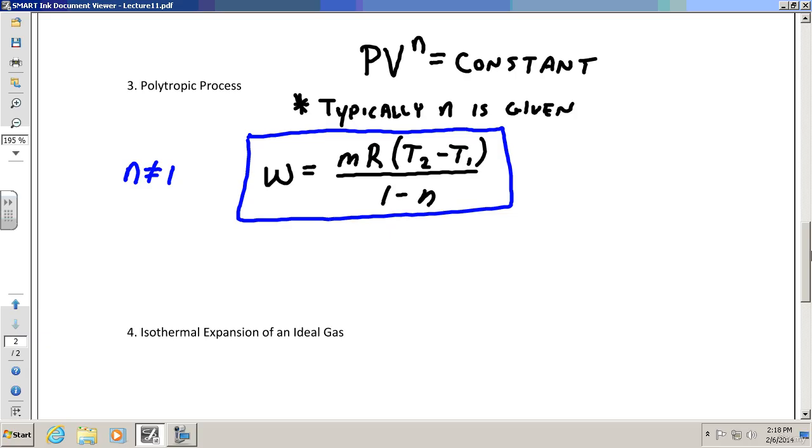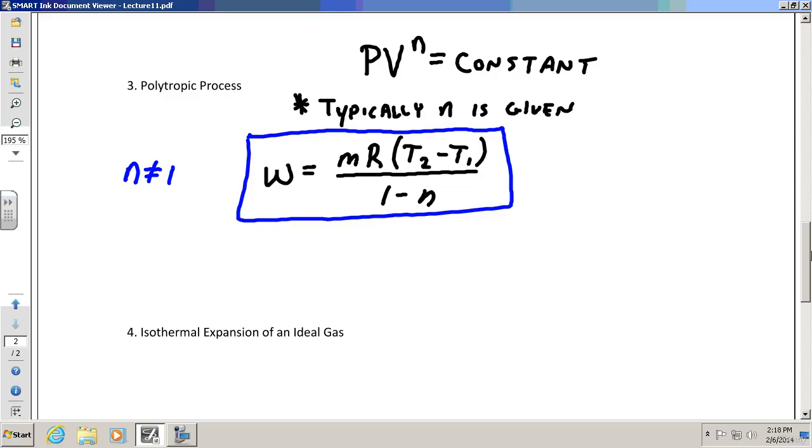You can clearly see n cannot be equal to 1 there. So there's an equation for a polytropic process. Now of course, if you really want to get picky, it doesn't really matter, T2 minus T1. But in general, when you're using equations involving temperature, think absolute.